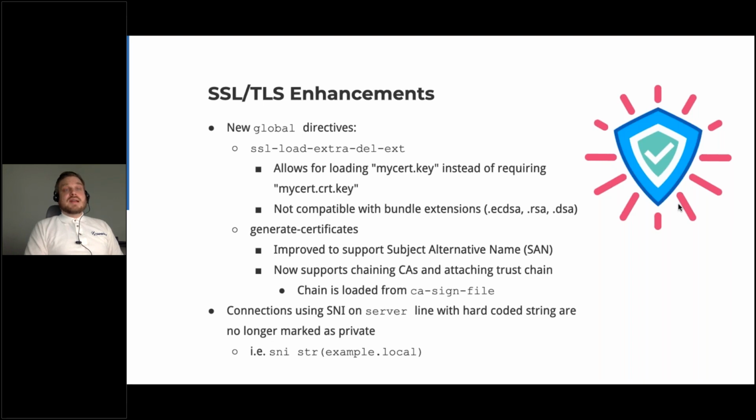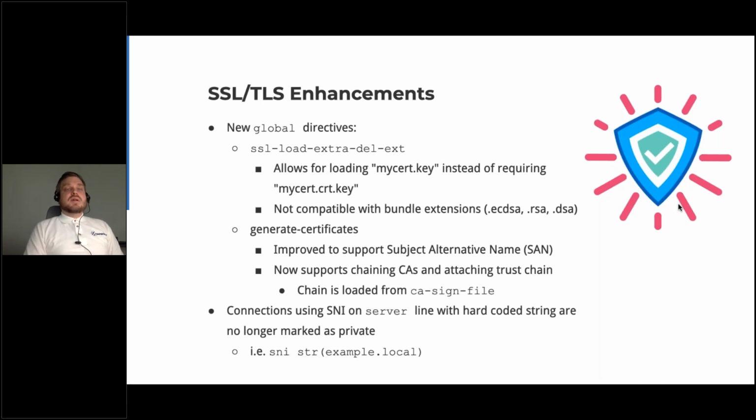HAProxy extends this capability and will now add a subject alternative name, or SAN, to all generated certificates, which is a requirement for modern browsers. It now also supports chaining CAs and attaching a trust chain in addition to the generated certificate. The chain can be loaded from the one provided in the ca-sign-file directive. So that's a great change.